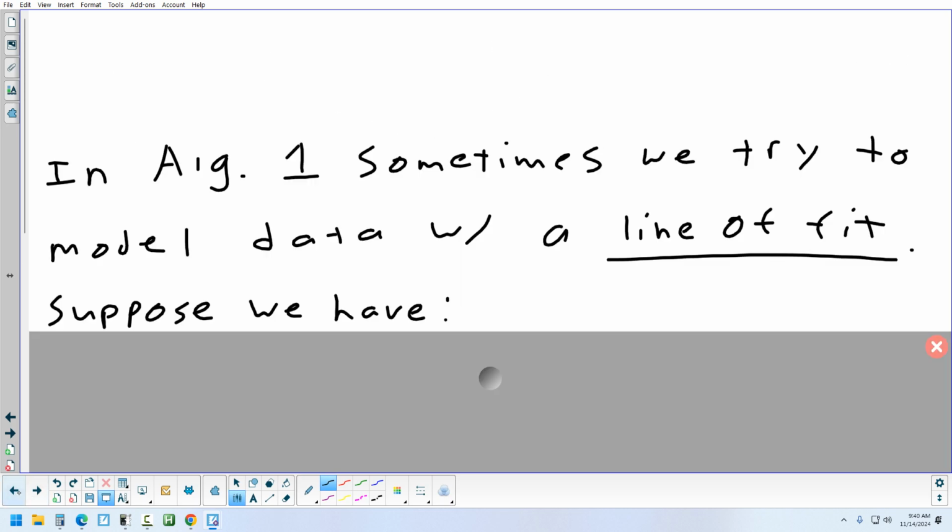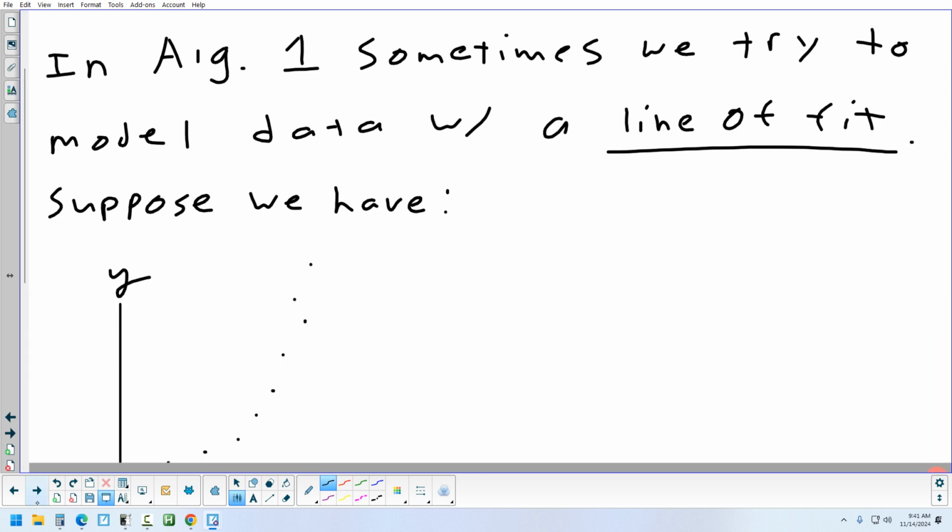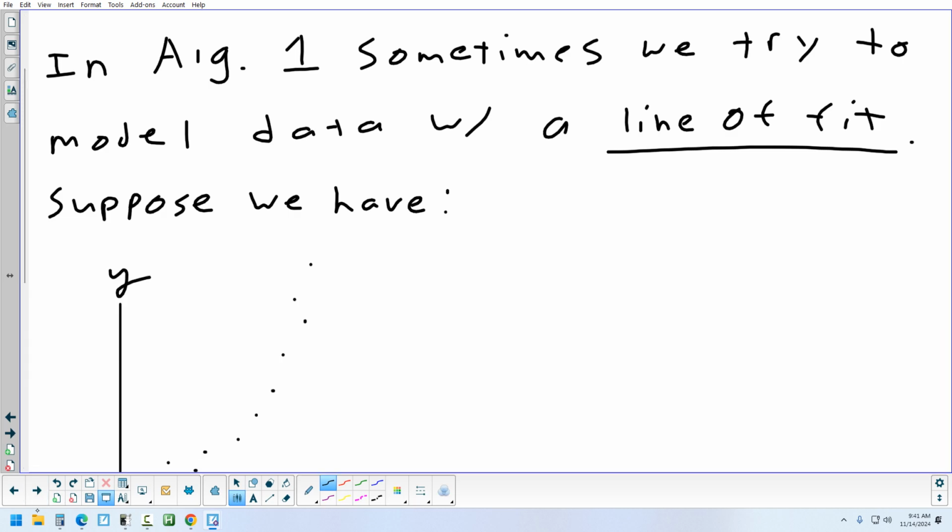So the last thing we're going to do is purely on the calculator. What we're going to look at is how we can put in a set of points and find an equation that fits them. Now, in Algebra 1, you sometimes do something like that. And that's called a line of fit.